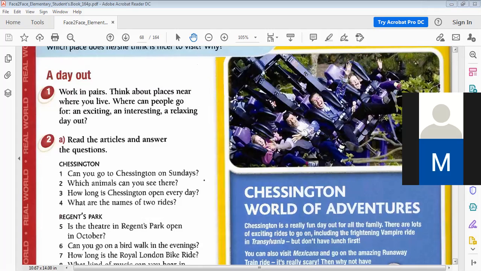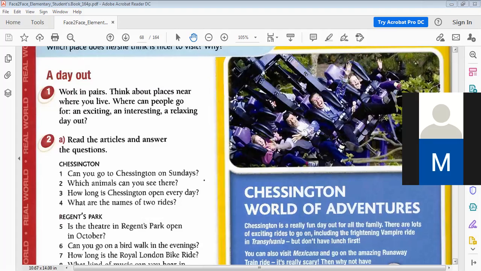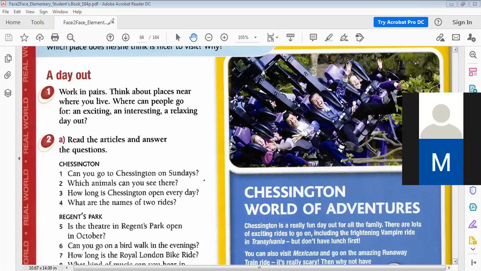Called it Riyadh Family Park. Ah, you go to a family park, okay? April 6 gardens. You also go to the gardens. And Al-Qurashi Park. Okay. So what kind of day out is it? Do you think it's relaxing? Is it exciting? Yes, is it interesting?